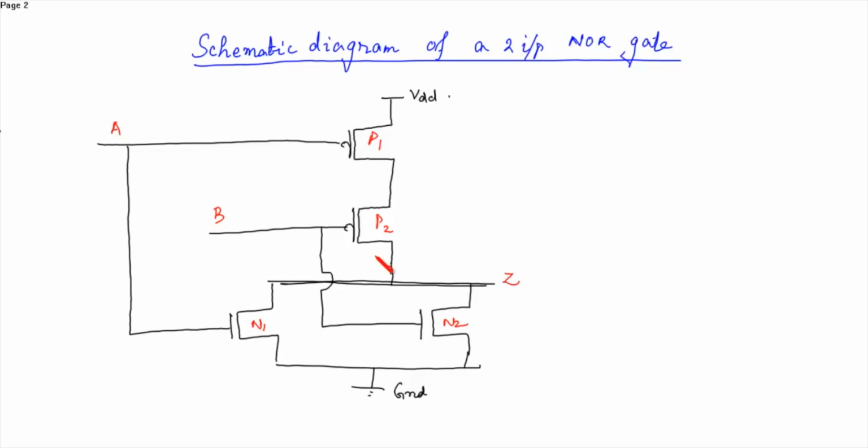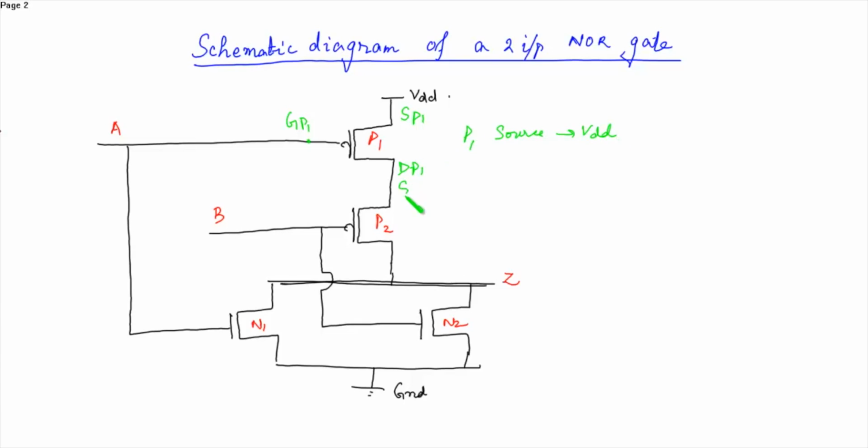Okay, now this is the source of the P1 MOSFET. This is the drain, and this terminal is the gate. The source of P1 is connected to VDD.